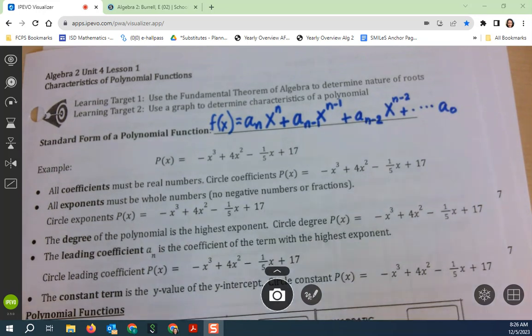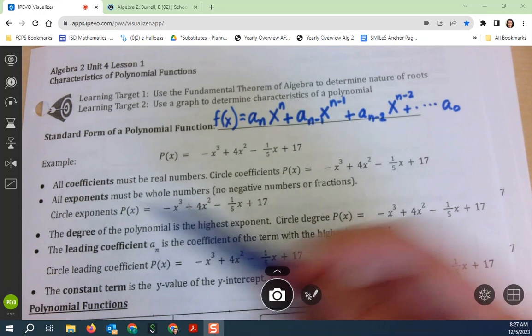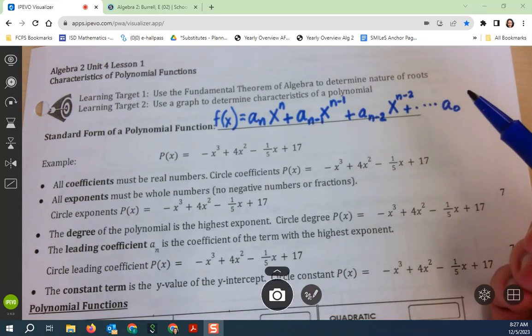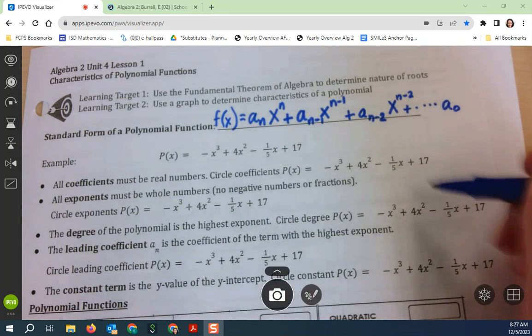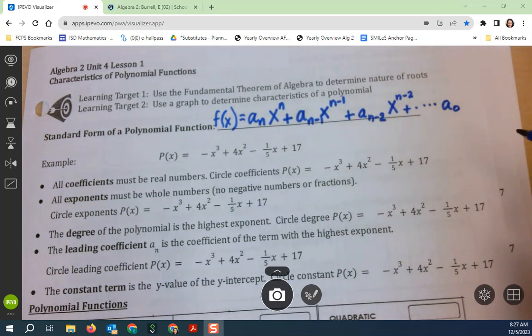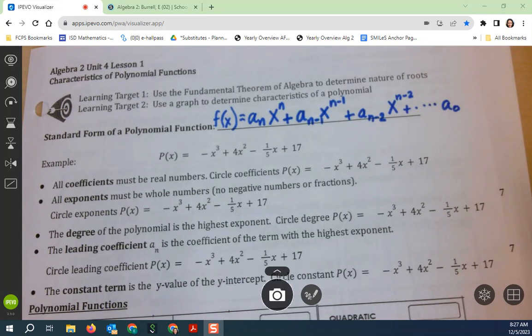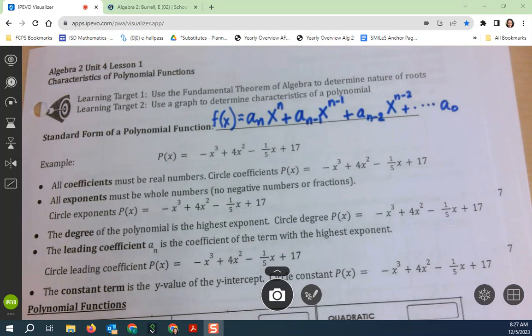All right, so coefficients are the numbers that go in front of the x's. They are multiplied by the x's. So we're going to circle the coefficients here. What will be the coefficient of the first term? I see a negative sign there, but I don't see a number. What number should I put?